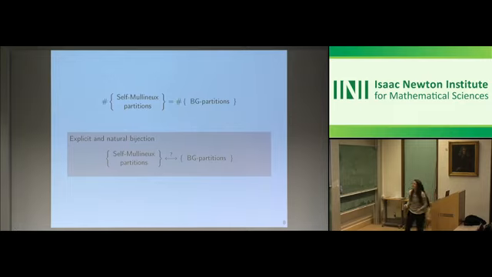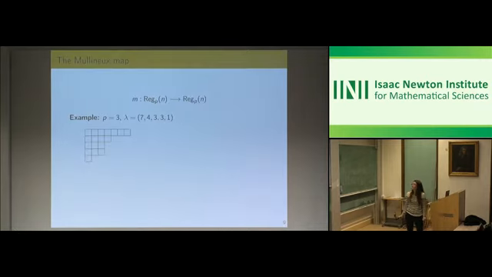Is there a natural or an explicit bijection between these 2 sets, which we know have the same number of elements? This would be interesting because this set is so much easier to describe than this one. The answer is yes, and for answering this question, let's see first how the Mullineux map works.